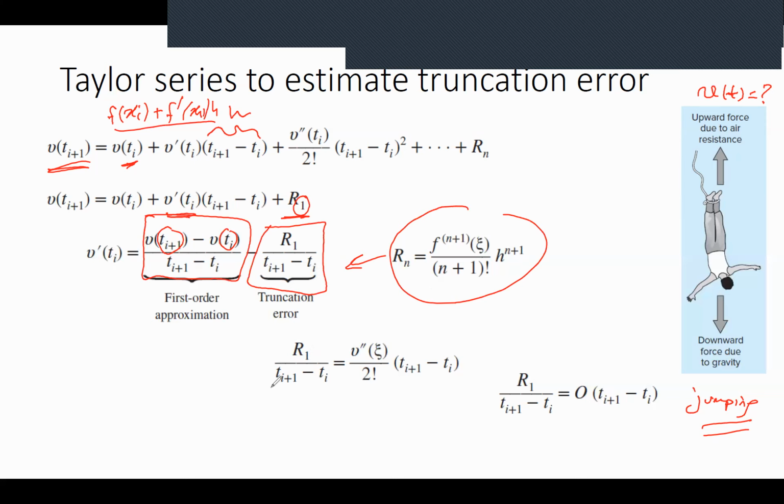Simply R1 divided by t_{i+1} minus t_i, so simply h, is the second order derivative of the speed at xi, which is the time instant, let's say, between the two time values in here. Then R1 divided by the time step will have an error on the order of h, simply. That's for first order approximation.